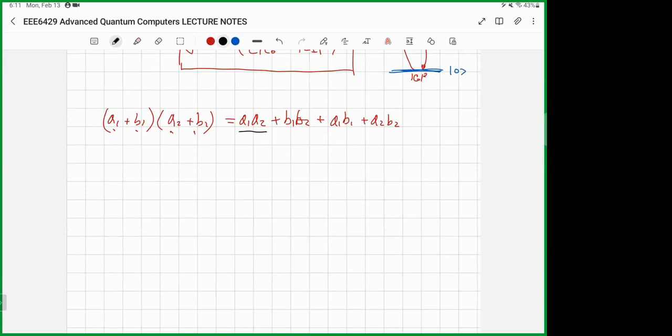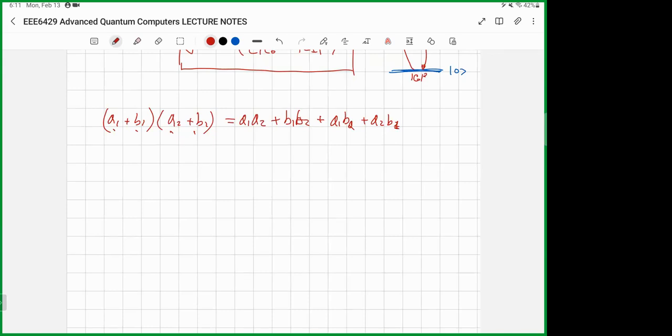Let me see, I think it should be a1 b2 and a2 b1. The third and fourth terms. Yes, exactly. a1 b2 and a2 b1.